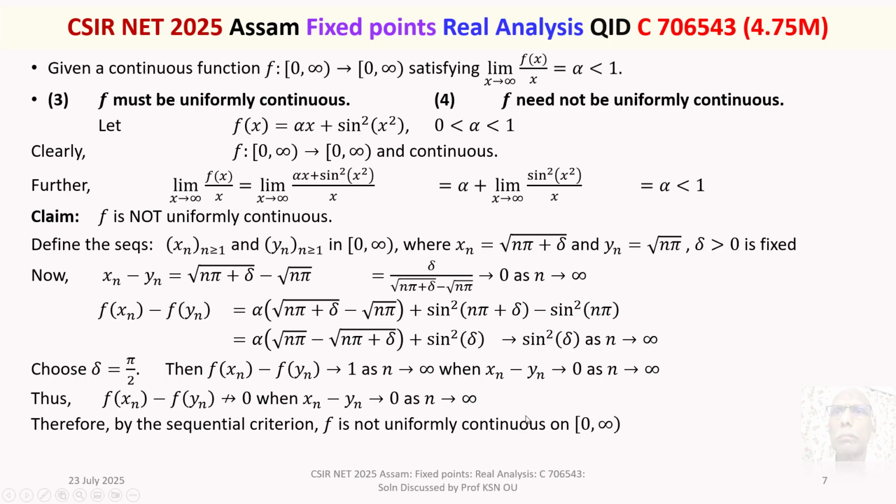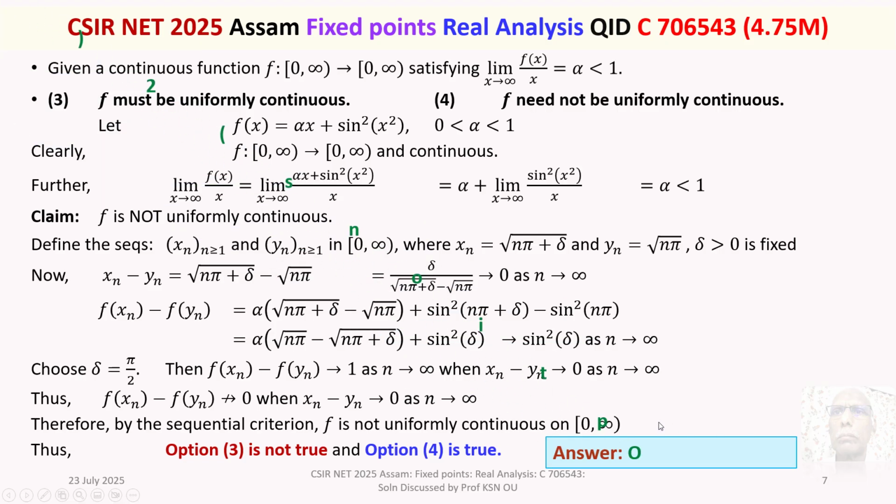There may be functions which are uniformly continuous, but here is a function which we have shown is not uniformly continuous. Therefore, f need not be uniformly continuous. Thus, option 3 is not true and option 4 is true. And the answer to this question is options 2 and 4.